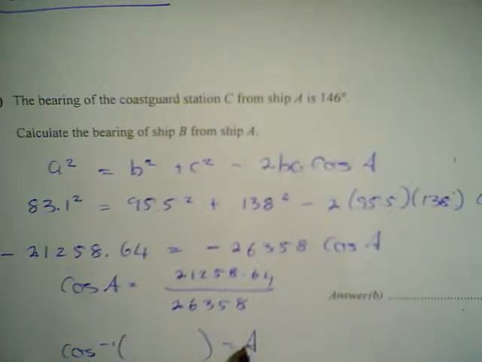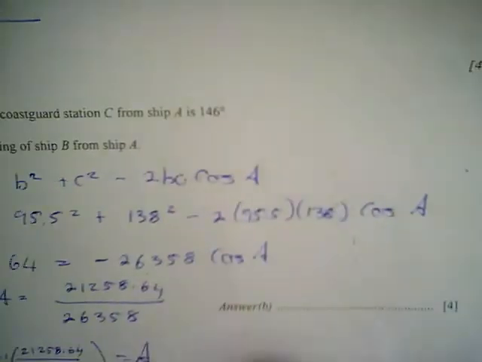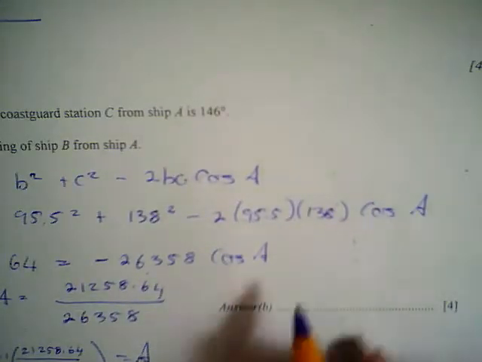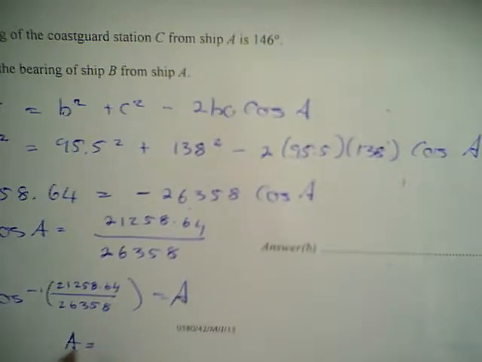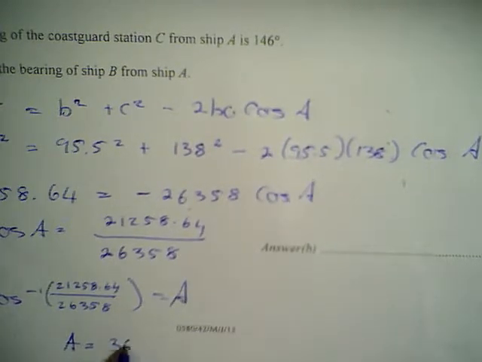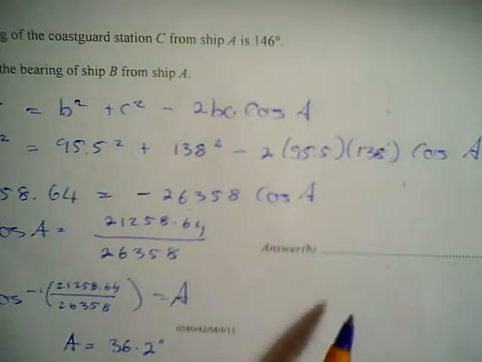I plug that into my calculator, so 21258.64 over 26358, and then I find this answer, that A value. That A would be 36.2. That's not the answer though.